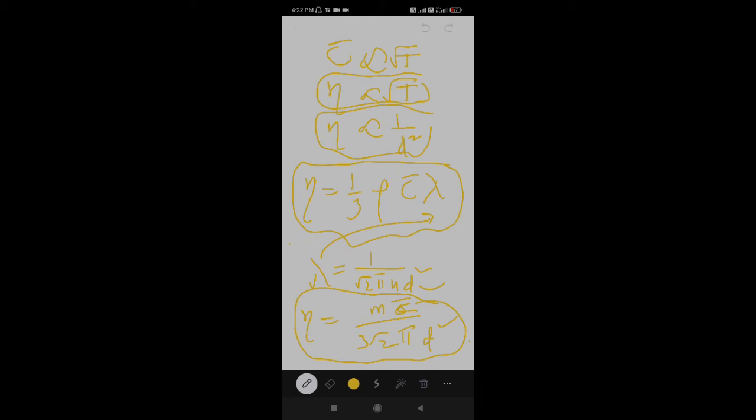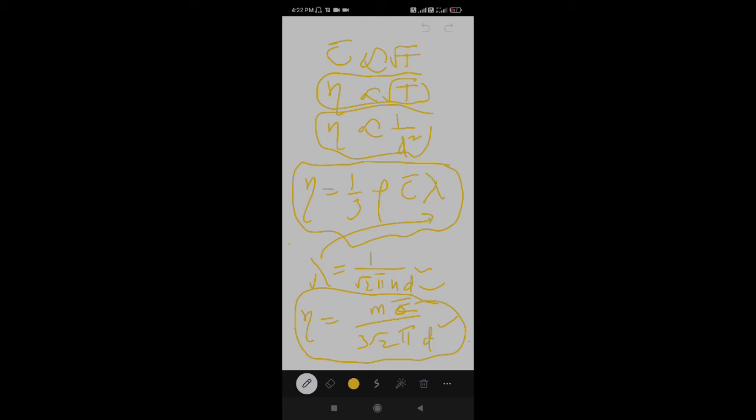If you are having molecules of very big size, then what is going to happen? Viscosity of the gas is going to decrease. Why? Because the number of layers decreases. Because the size of the molecule in each layer is very big. So if you consider one cubic box inside the gas, then the number of layers decreases.